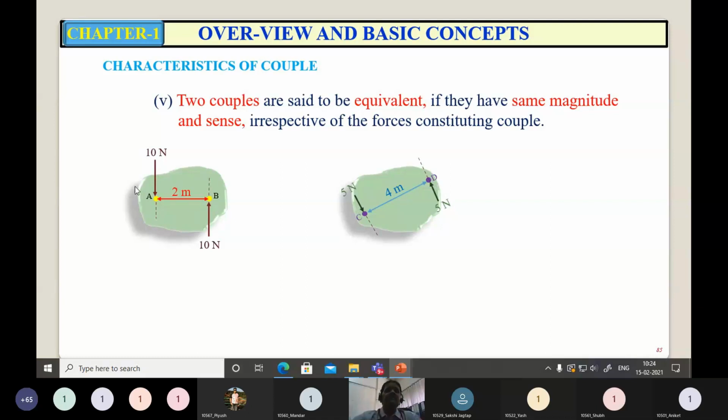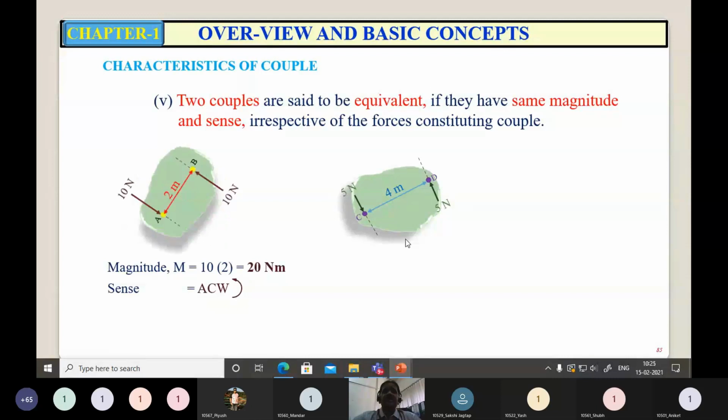Now what is the moment of this 10 Newton force couple? Simply it is 10 into 2, 20 Newton meter. And what is the sense of rotation? Anti-clockwise. Similarly, what is the moment of the couple in the second figure?